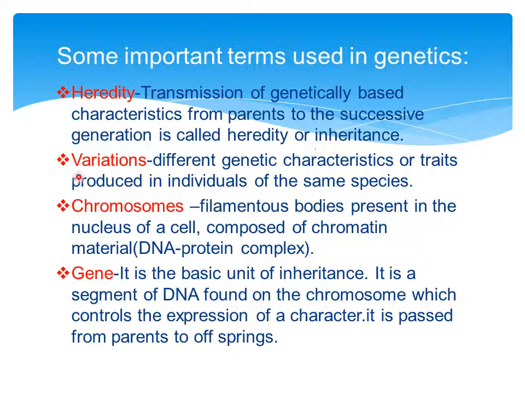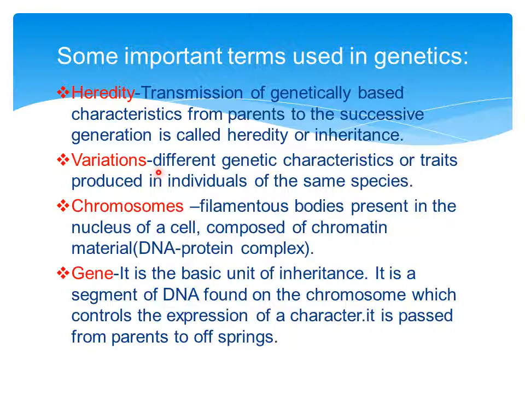Now next comes variations. By the term variation we actually mean that when a thing or a substance varies from another. But in heredity, how are we going to describe this term? We can say that though offspring resemble their parents, they are not identical. If you have brothers or sisters, are they fully identical to you?